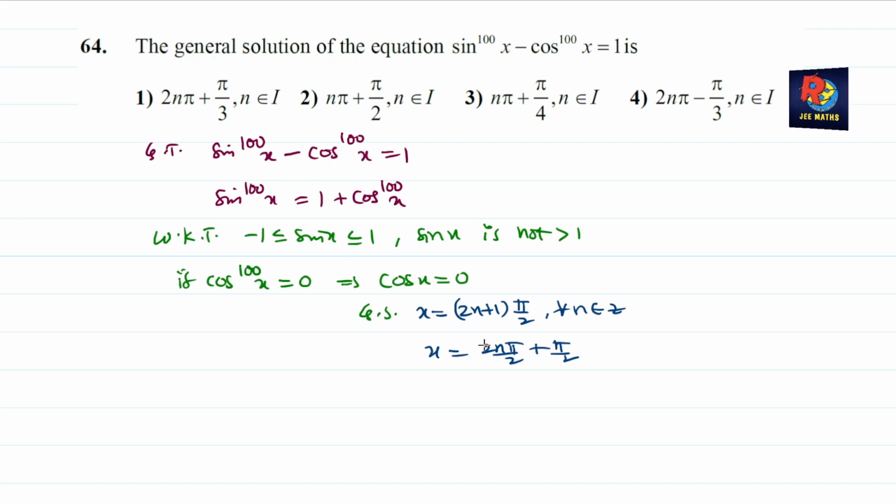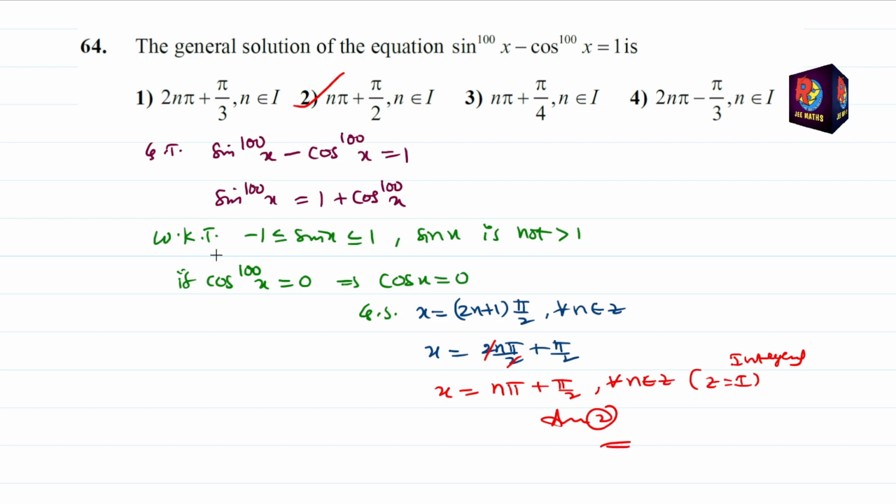If I cancel the terms here, 2 gets cancelled, then it will be x equals n pi plus pi by 2 for all n belongs to Z. Z is integer, n also integer, no issue about that one. Integers only. So option 2 is the correct answer.